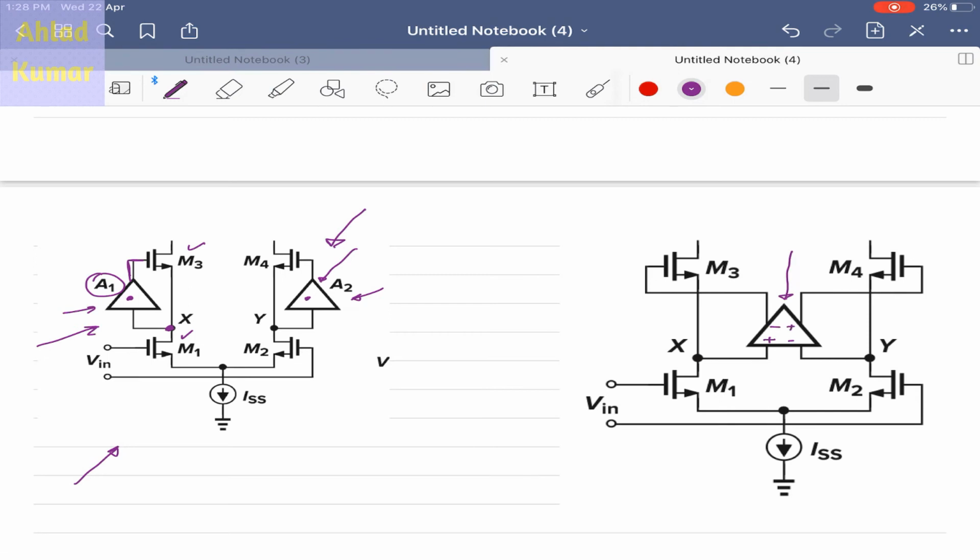So we connect these two terminals X and Y to the inputs of the fully differential amplifier, and its outputs are connected to M3 and M4. In this way you are reducing the number of transistors used here by half. Whatever A1 and A2 were doing is done by a single fully differential amplifier. So let's see how we can realize this in terms of the existing gain boosting amplifiers.